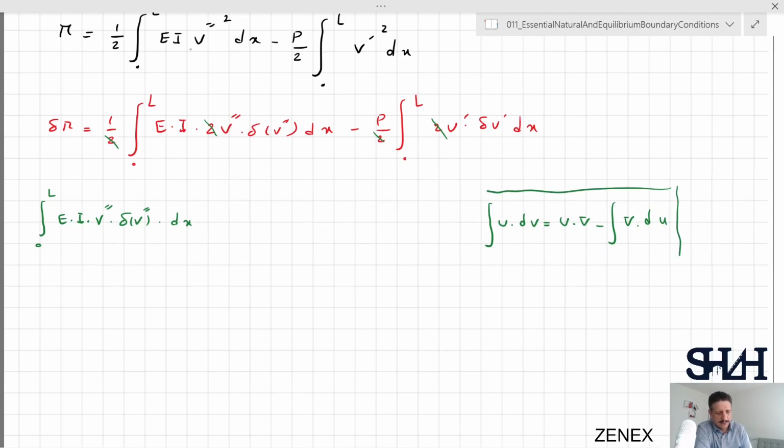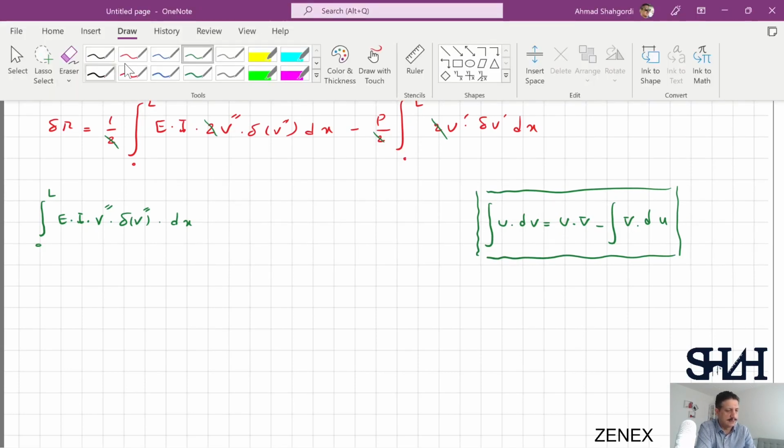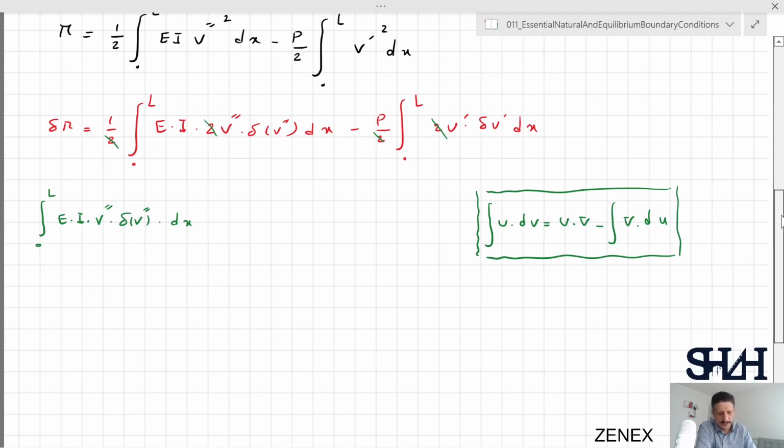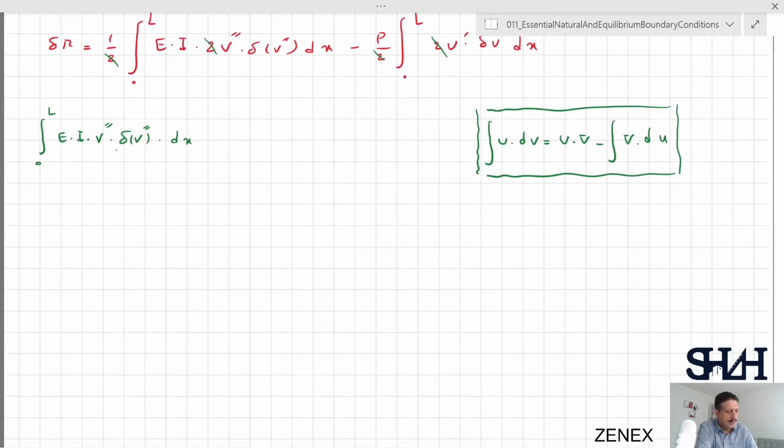Just as a reminder, I'm quite sure that you had it in former courses, mathematics basics or other relevant courses. Now here I assume that EI second derivative of V is u and delta second derivative of V is dv. As a result, du will be EI third derivative of V. So dv is delta second derivative of V, and by one step integration, v will be delta V prime.